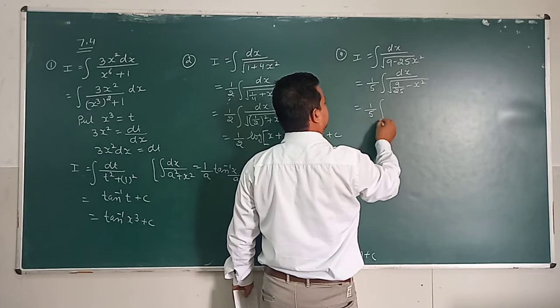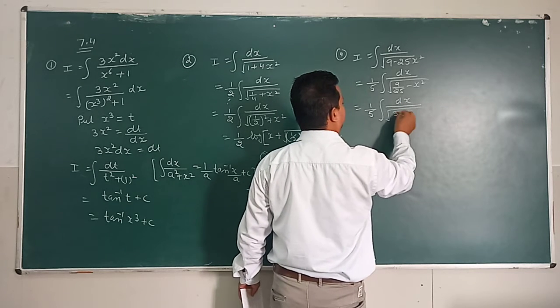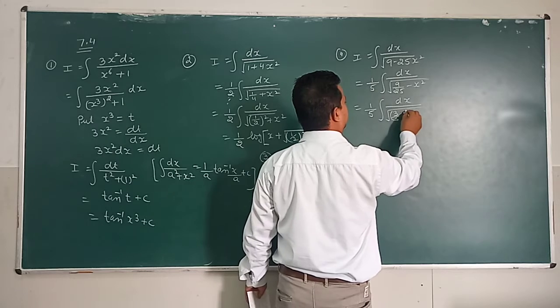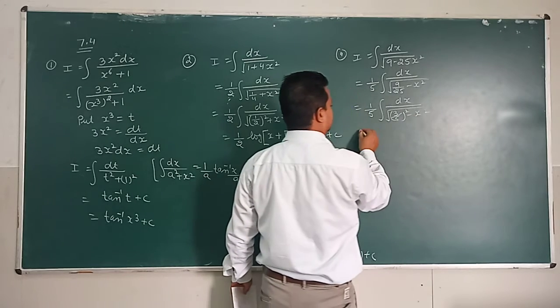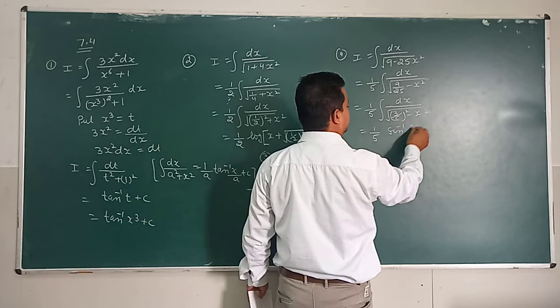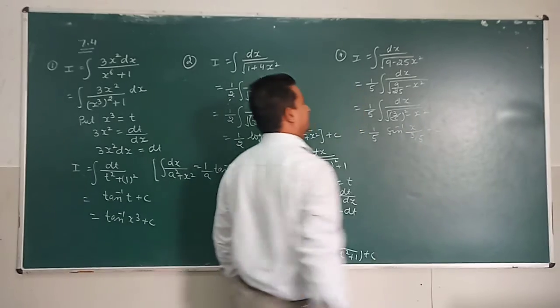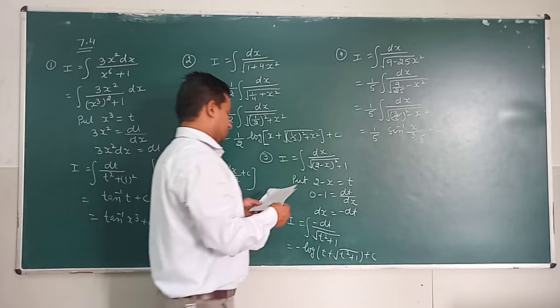We write this 9 by 25 as 3 upon 5 whole square minus x square. This is the formula of sine inverse x upon a. So this is the integral of this question.